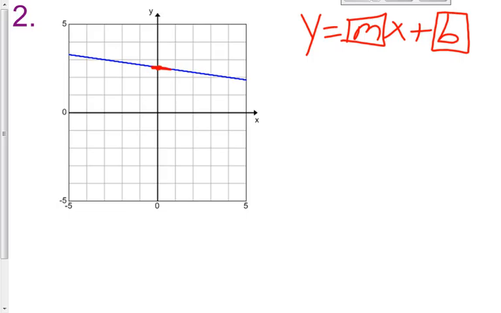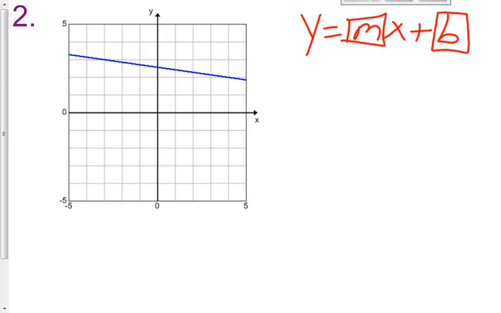Couldn't that be maybe 7/12 instead of 1/2? 7/12 and 1/2 are very, very close to each other, but they're not exactly the same. So I can't conclude exactly where this point is. Because of that, I can't know exactly what my b is just by looking at the graph.